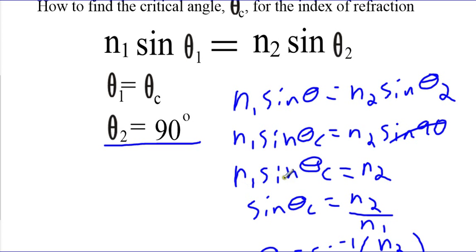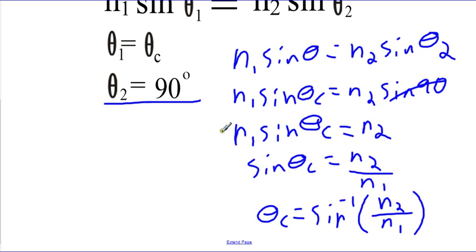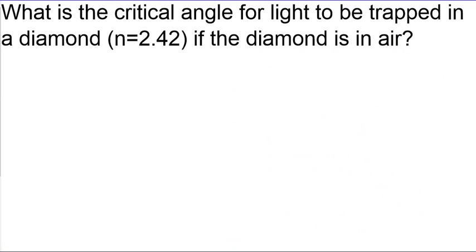And so that means n1 sine theta c, the critical angle, is equal to n2. We rearrange this, so we divide both sides by n1, so we get sine theta c is equal to n2 over n1, which leaves us with theta c, our critical angle, is equal to the inverse sine of n2 over n1. And that's to find the critical angle for total internal reflection.